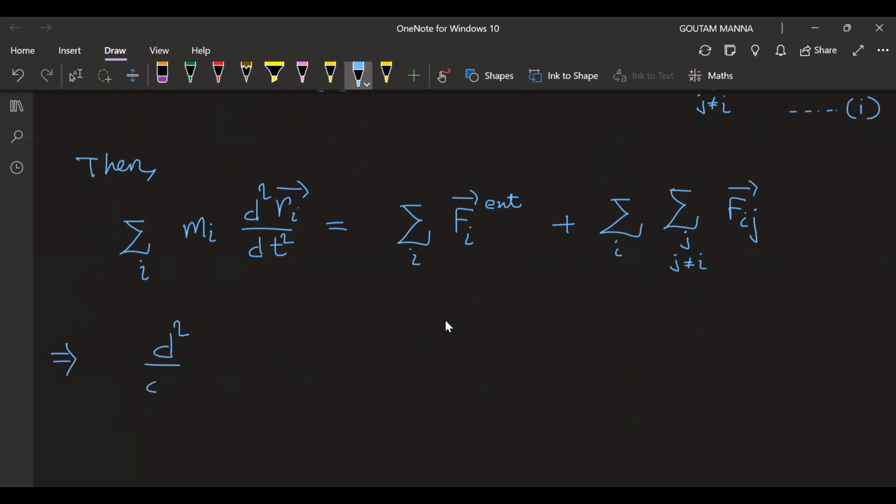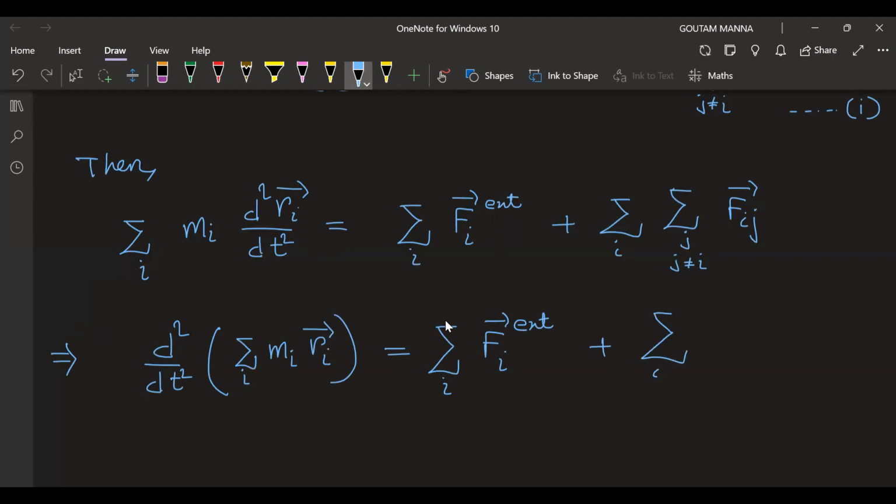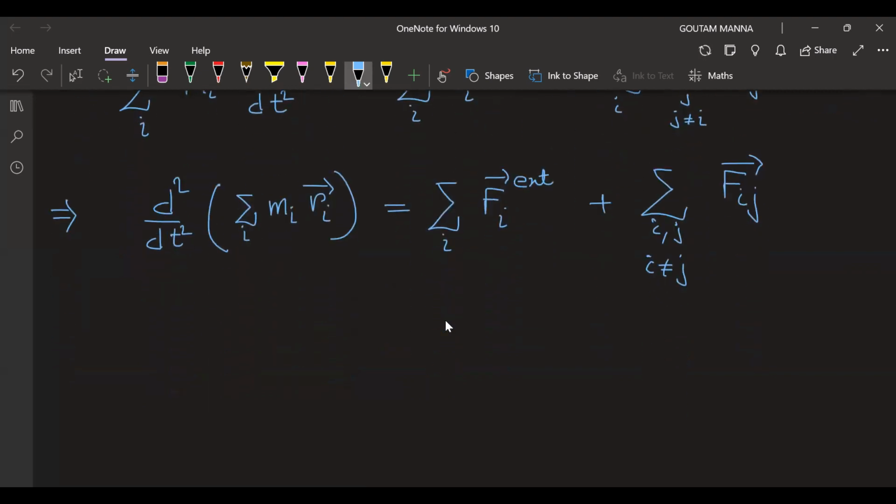So we can write d2 by dt2 of the sum over i of m_i r_i equal to the sum over i of F_i external plus the sum over i, j, where i is not equal to j, of F_ij. Okay, let's call this equation 2.